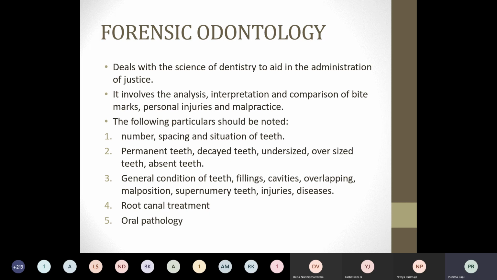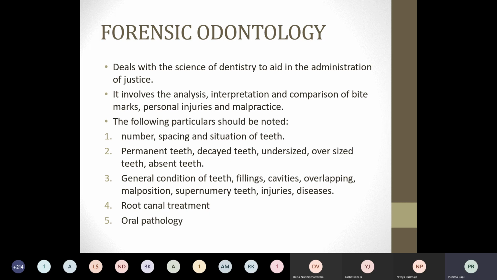So what all do you see when teeth are present? First you see the number and the spacing. All this can be done when you get a skull, a skeletal remain of a skull with teeth intact, and you can give your opinion. You see the number of teeth, the spacing and the situation of the teeth, whether they are temporary or permanent, whether there are any decayed, undersized, oversized, or absent teeth, the general condition of the teeth, any fillings, cavities, overlapping of the teeth, malposition, supernumerary teeth.